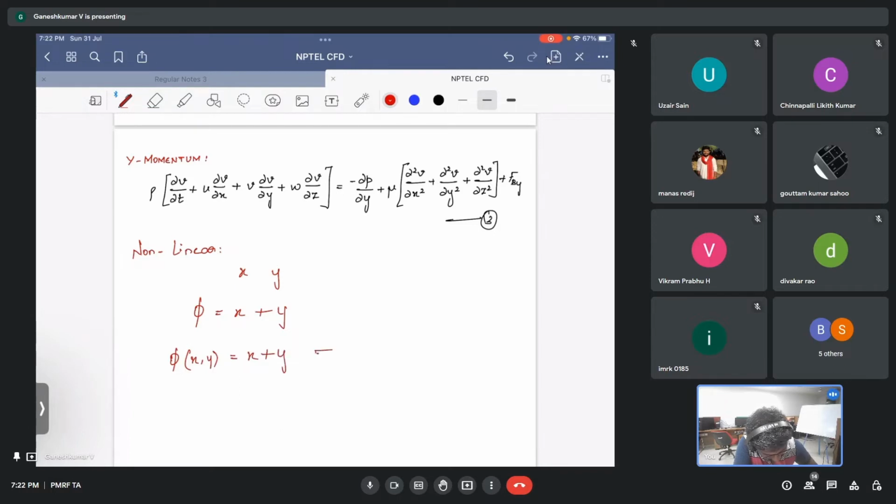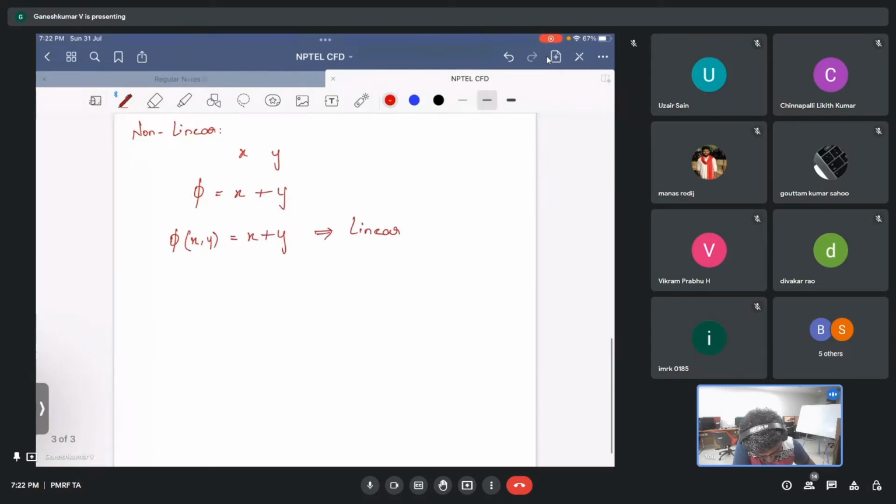This I call a linear function, because let's say I have a phi 1 which has x1 and y1, I can have x1 plus y1. And similarly, I have another phi 2, which is a function of x2 and y2. Let's consider x and y as coordinates, and phi is a function of the coordinates x and y.